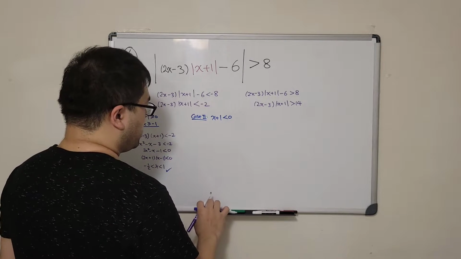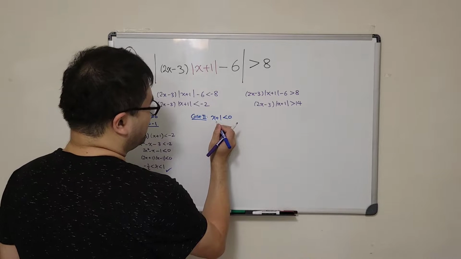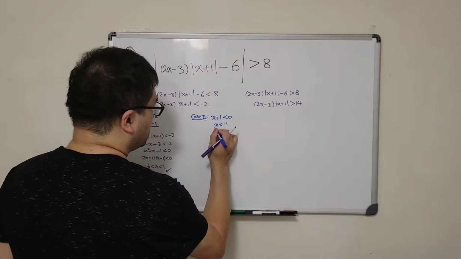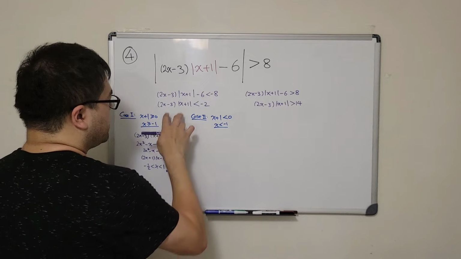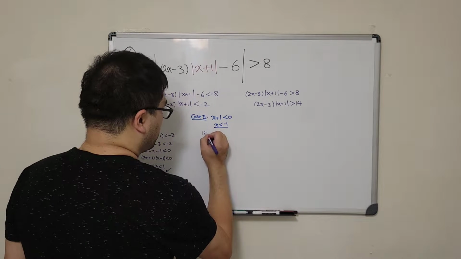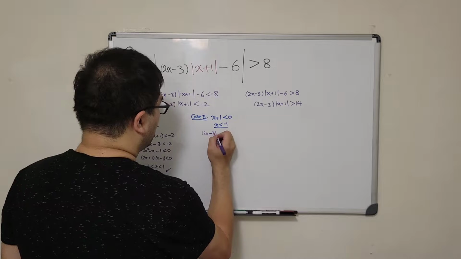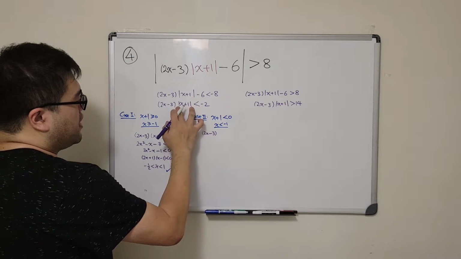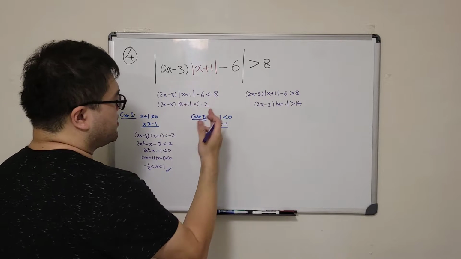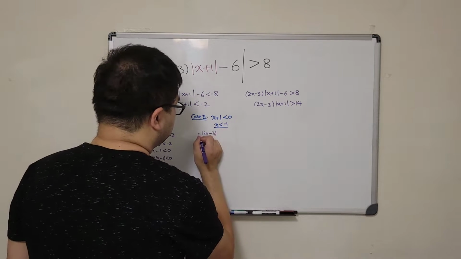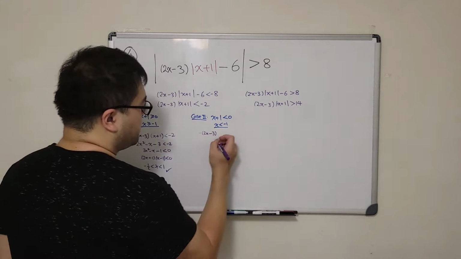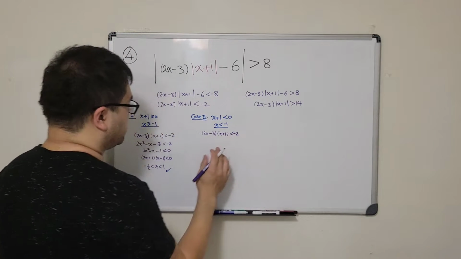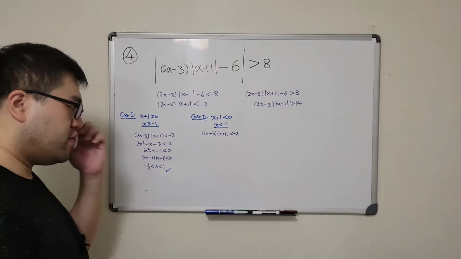Second case, we now have x plus 1 is less than 0, meaning x is strictly less than negative 1 as our condition. Then what happens is we get 2x minus 3 times... Since x plus 1 is negative, the absolute value sign is going to give us the negative of the expression. We get negative x plus 1 is less than negative 2.